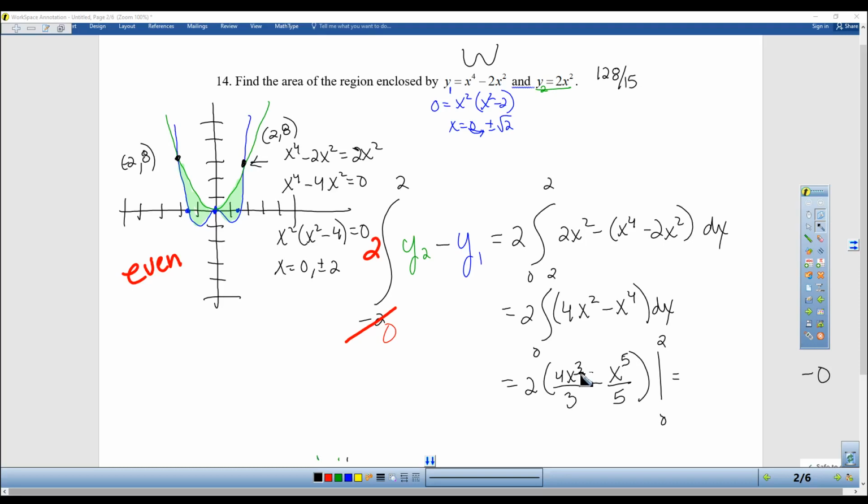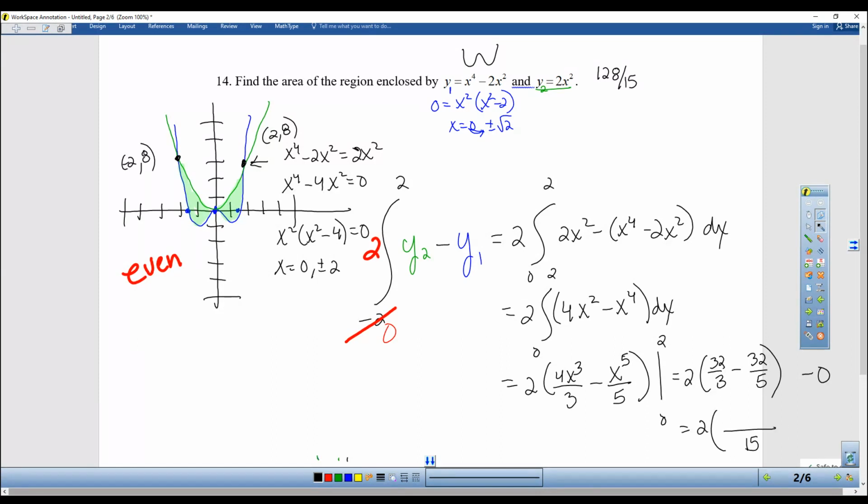2 cubed is 8. 8 times 4 is 32 thirds. 2 to the fifth is also 32, but fifths, so not really that handy. I need to get a common denominator, which is going to be 15.